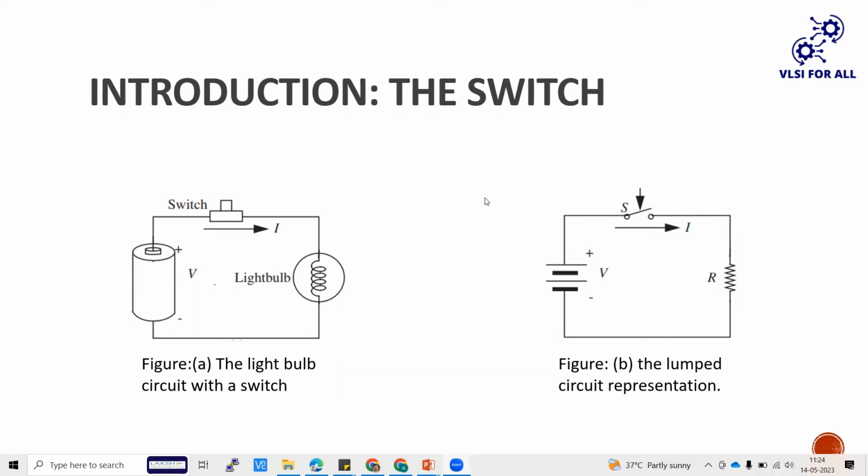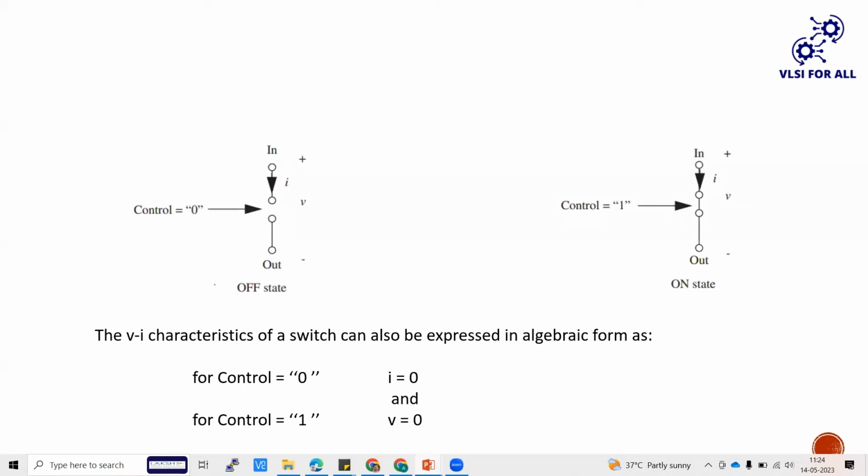Whenever the control input is zero, the third element I am saying, the control element, the flow moves from input to output. You can see here the current is zero because of the open circuit, but there will be a voltage. I repeat, whenever control input is zero, the current is zero, and there will be a voltage across that.